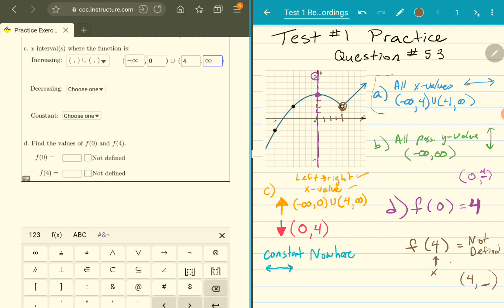All right, and then our decreasing, that's the red. So that has one interval with open parentheses.